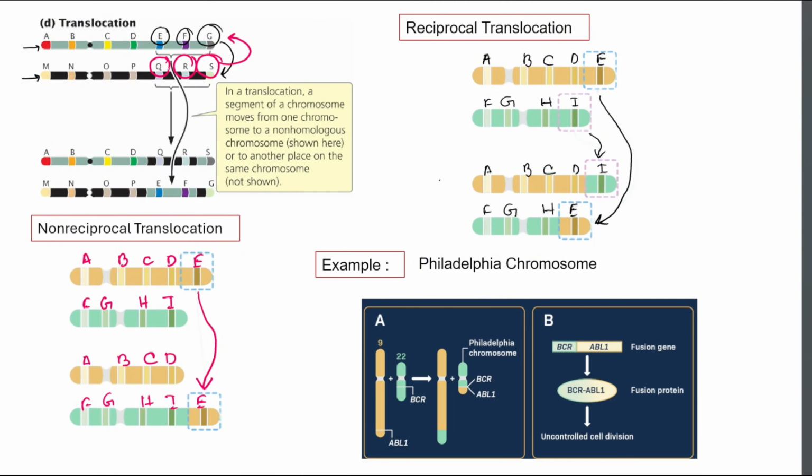Translocation comes in two major types: one is reciprocal translocation, another is non-reciprocal translocation. In reciprocal translocation, segments are exchanged between two non-homologous chromosomes.